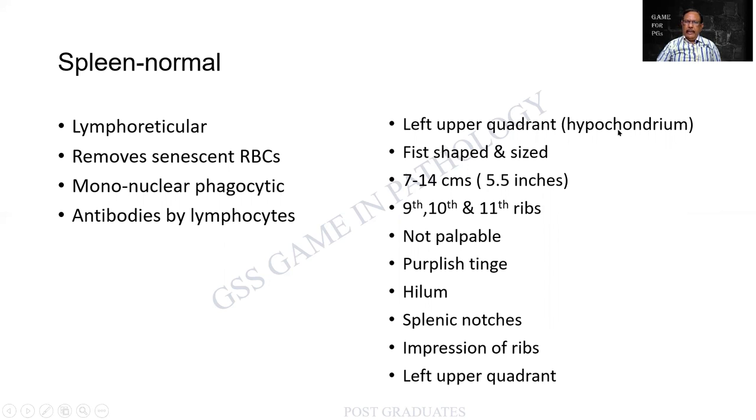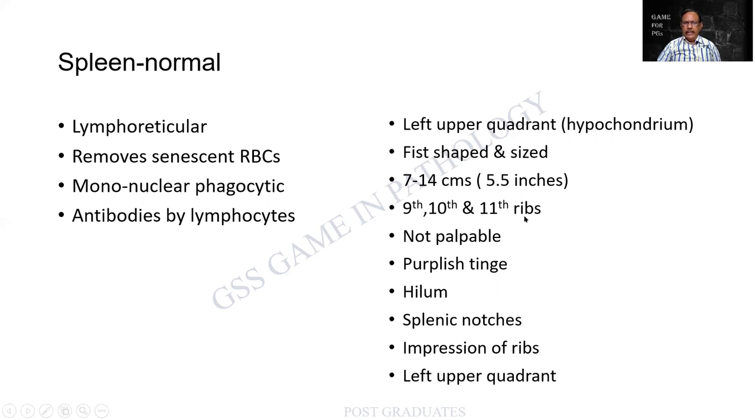And coming back to the fundamentals over here, it is located in the left upper quadrant of the abdomen. It is fist shaped and also the size of a fist. The dimensions are better explained in the next diagram, but for the time being we shall remember that the impression of the 9th, 10th and 11th ribs can be seen.